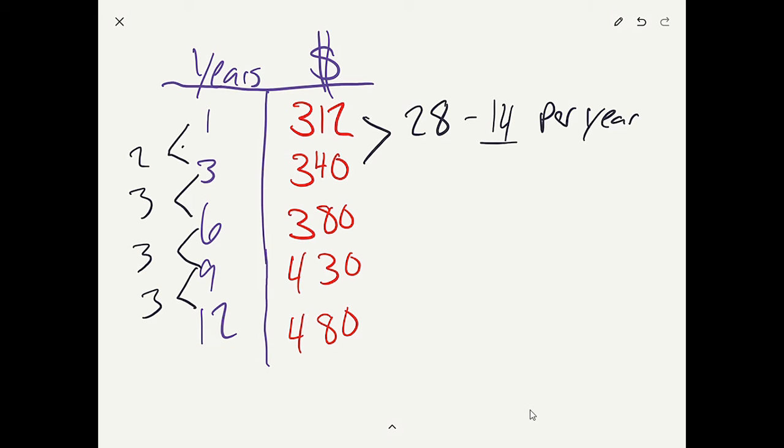Does that make sense what I just did? I broke it down all the way to see how much it is per year. I took 28 divided by 2. The total here between years 3 and 6 is 40, divided by 3 years, which gives me a number that's funky, which I need calculators to help me with. I think I remember what it is from the first class, but I'm not completely sure.